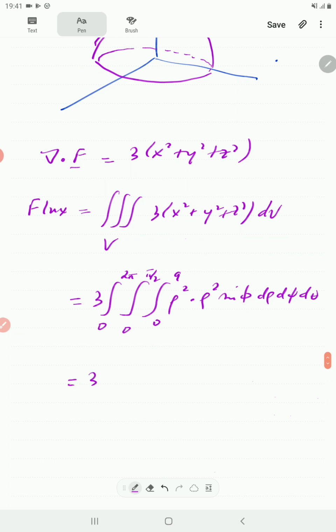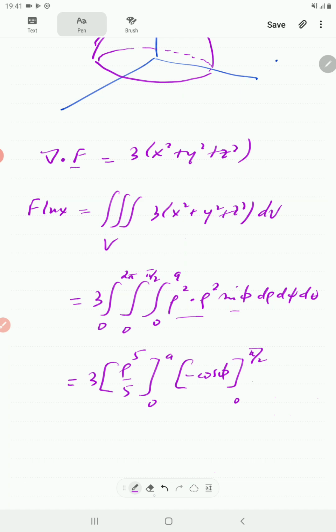Again, we can work these integrals separately. If we do the rho one, we're going to have rho to the power 5 over 5, from 0 to a, and then we can do the phi one. So integral of sine is going to be negative cosine, with phi ranging from 0 to pi on 2.